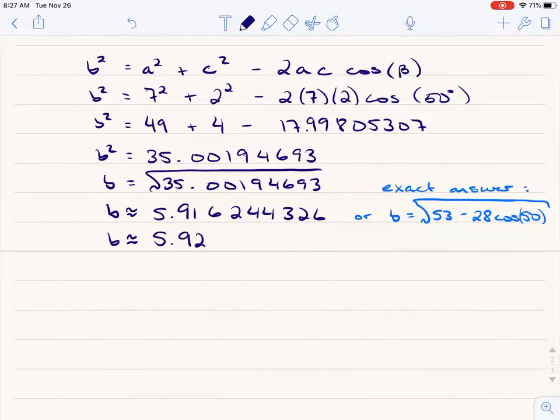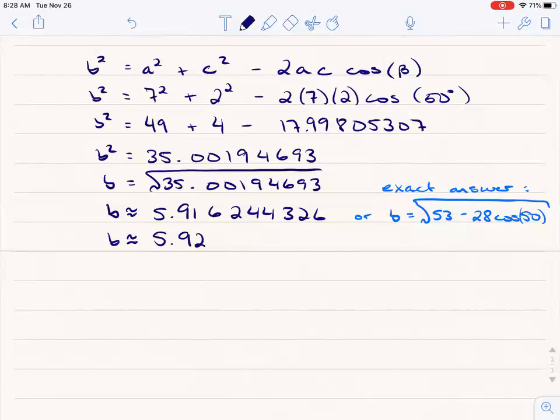Because I've got the rounded answer and I told you to round to hundredths, in the rest of your work you're going to use 5.92, just remembering that that's an approximation, right? And so it's going to give us slightly tweaked results, but not too bad.